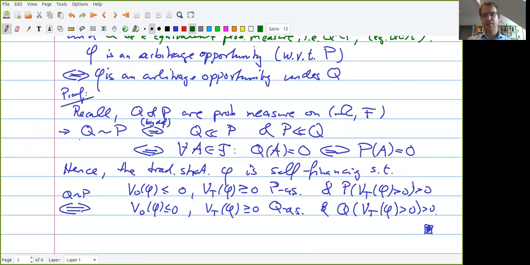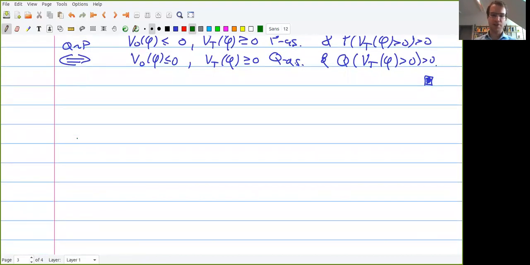So now let us characterize the martingale measures in terms of discounted price processes. This is the content of the next proposition, 3.17.